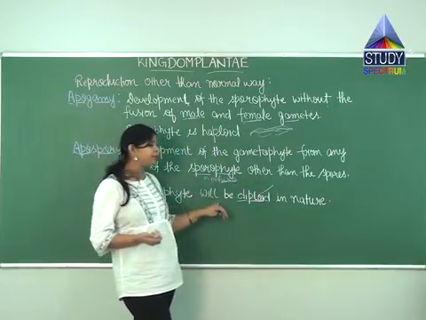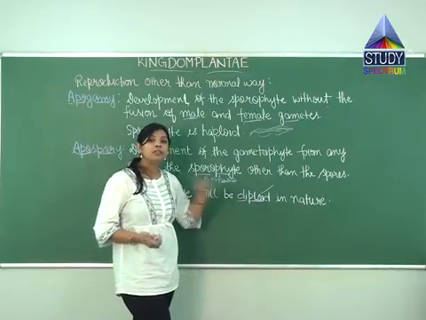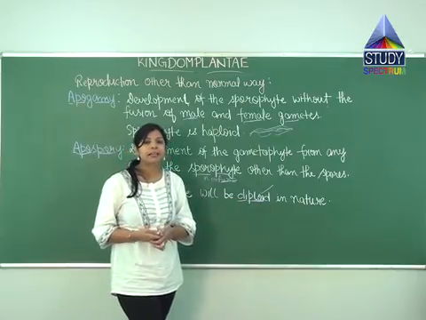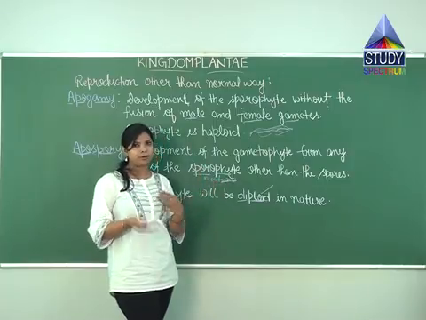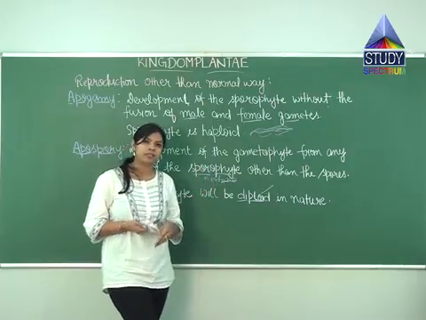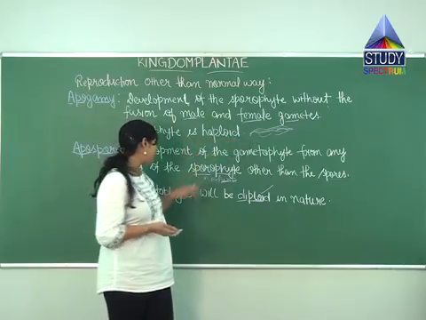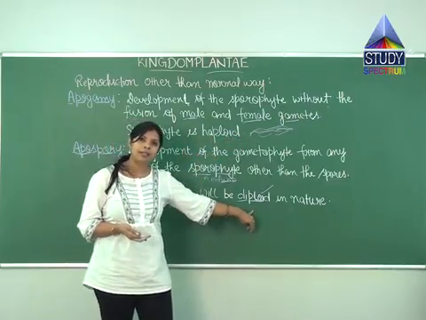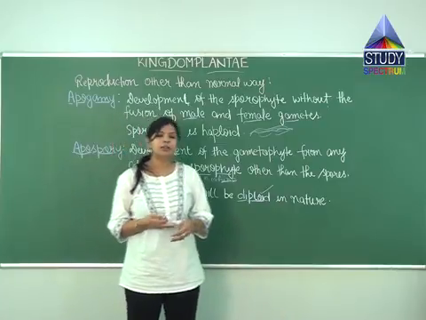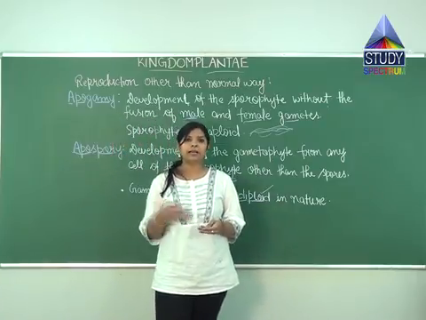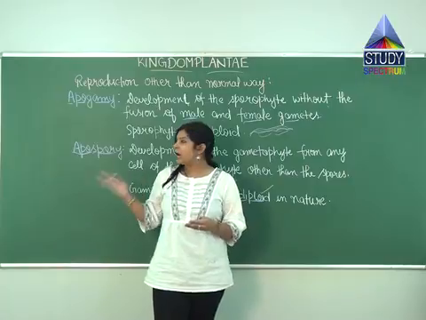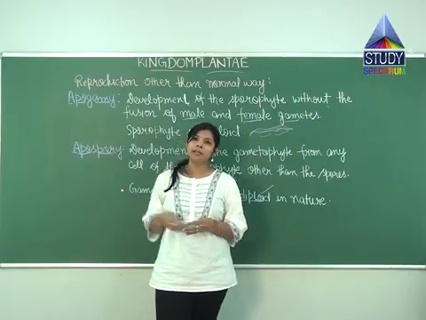So here the gametophyte will be diploid in nature. In the normal life cycle, the gametophyte was haploid and the sporophyte was diploid. But here it is opposite: the sporophyte is haploid and the gametophyte is diploid in nature. So this is all about how pteridophytes reproduce in other life cycles.